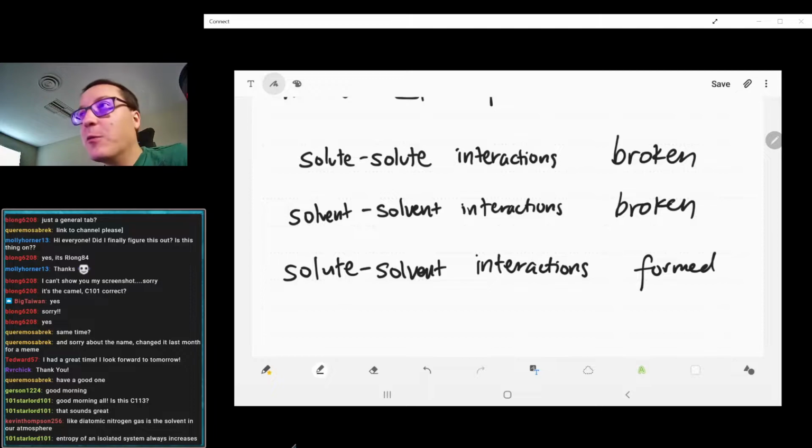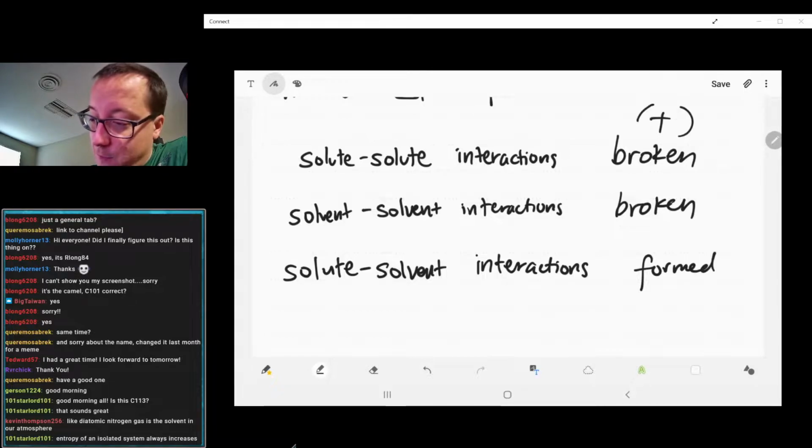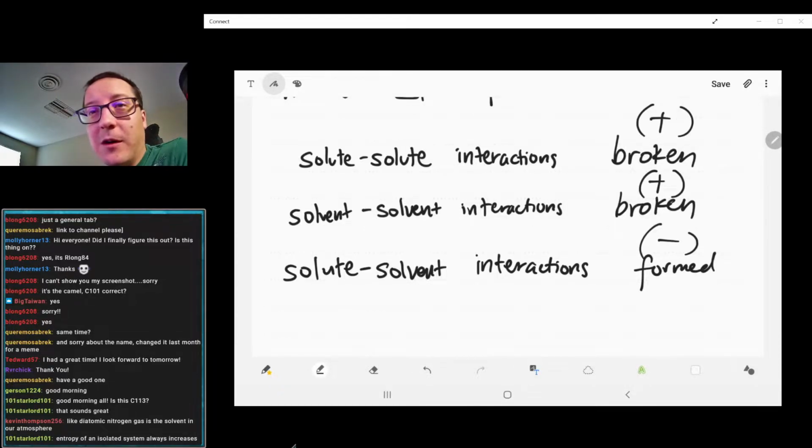Let's see if we can remember. Let's see, what was it, 5 weeks ago when we last did chemistry? If we think about the sign of delta H for these, if we're breaking bonds or breaking interactions, that's always endothermic, right? We always have to put in energy to break bonds. So for delta H, breaking those bonds is always going to be endothermic, right?